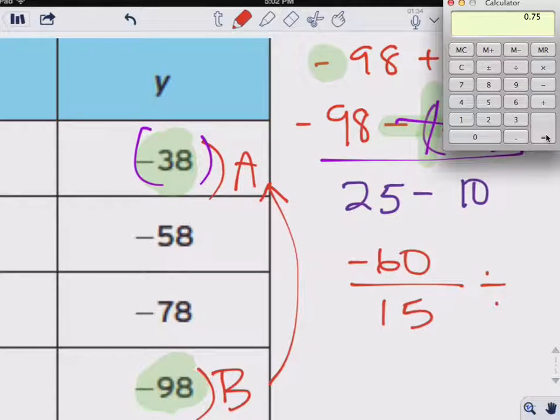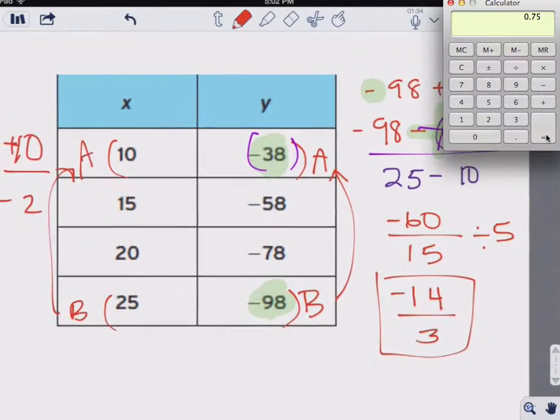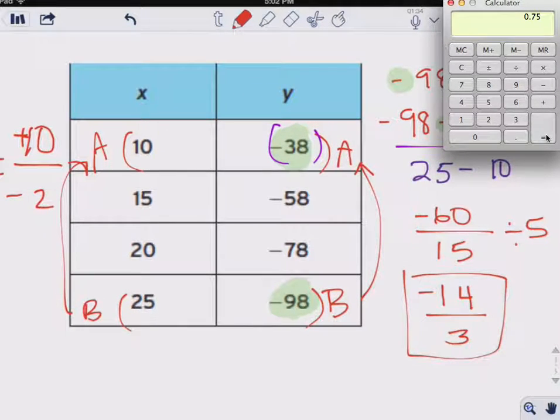Divide these by 5 to simplify. That gives me 14 over 3 negative. And that's your answer for this problem.